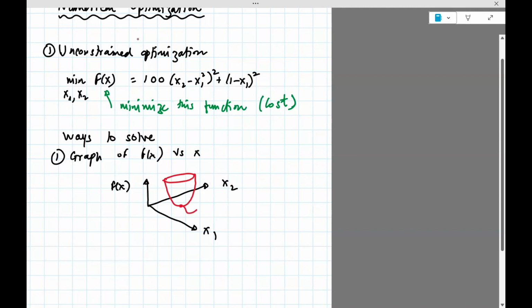There is actually a clear minimum at x1 equals 1, x2 equals 1.